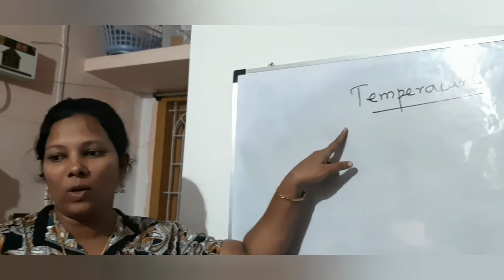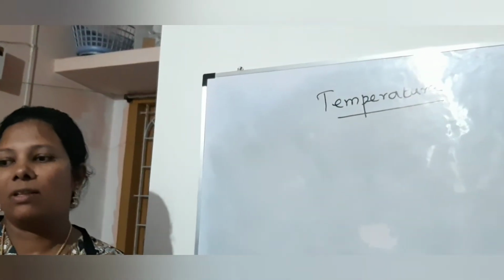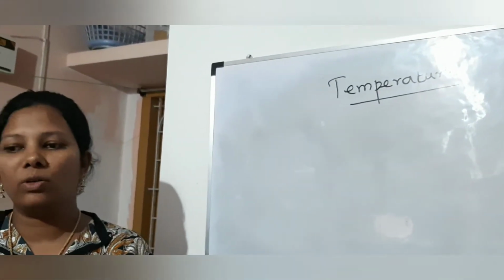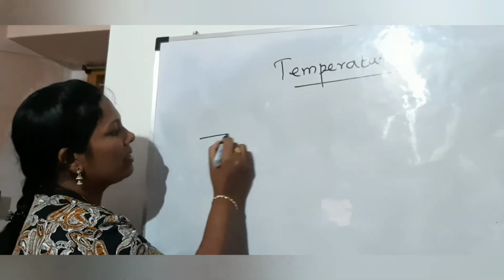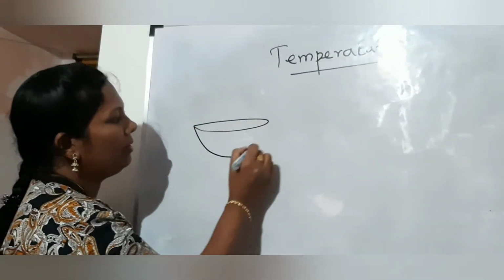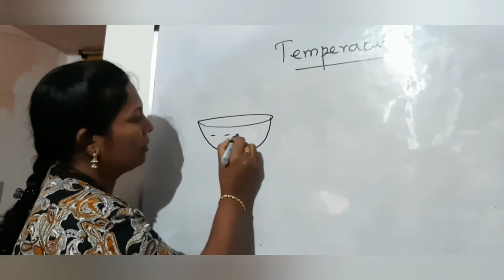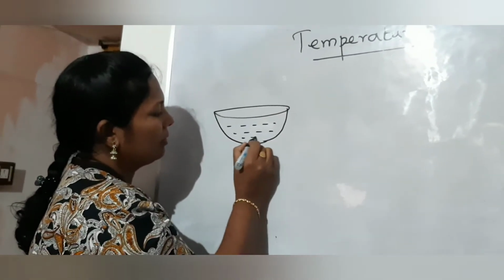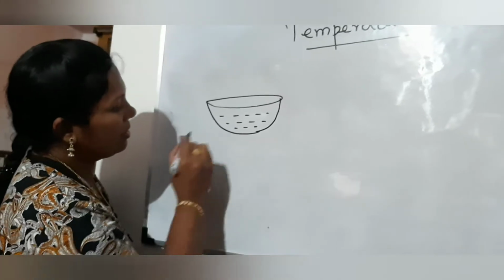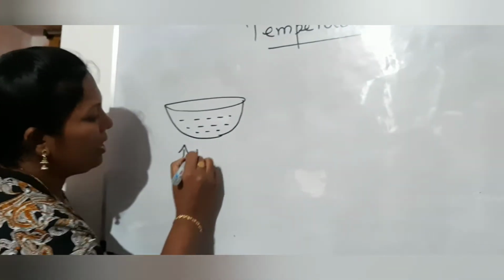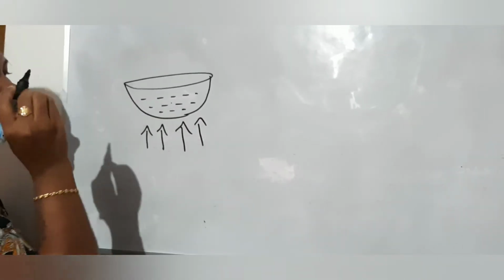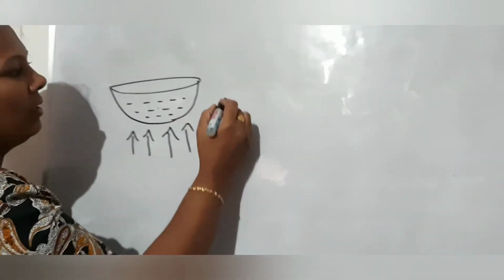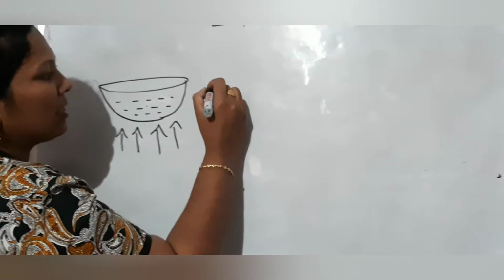Temperature is a physical quantity that expresses the degree of hotness or coldness of a substance. Let us consider a vessel containing water. If you give some heat to this substance, that is the water, the temperature of the substance will increase.